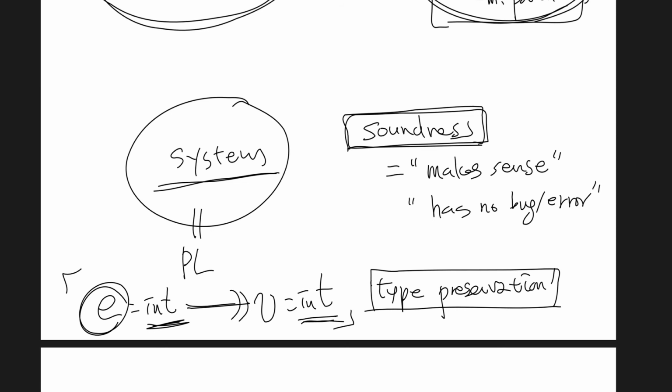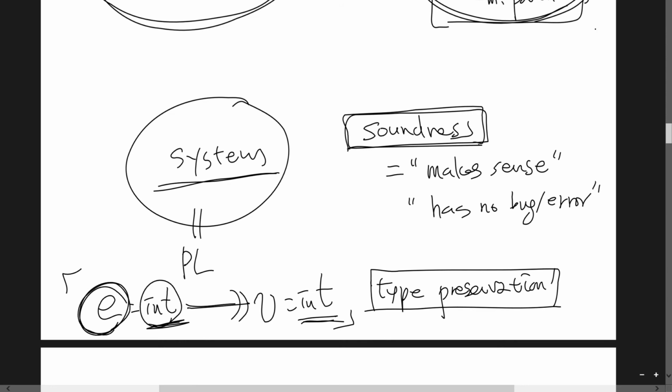For example, you started with a program of type int, but later you end up with a value of type bool, for example, which is very surprising. So depending on the complexity of this definition, this type preservation may not be easy to prove at all.